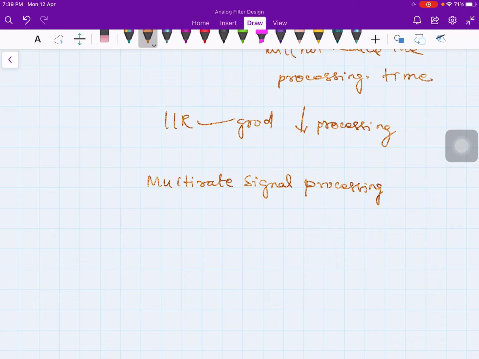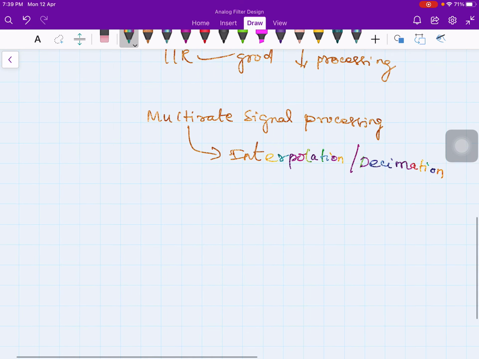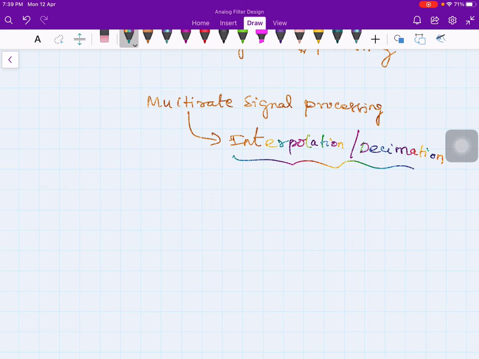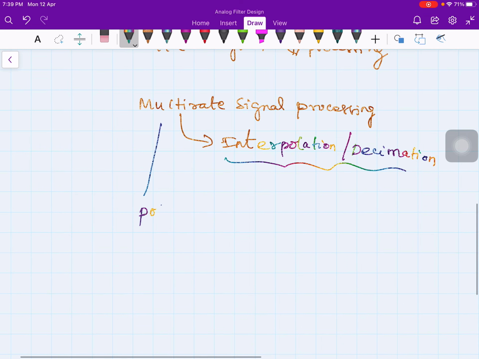So whenever you are discussing multi-rate signal processing, then this parallel decomposition helps there. And the decomposition in this interpolation and decimation is done in a particular manner, and that is called polyphase decomposition.